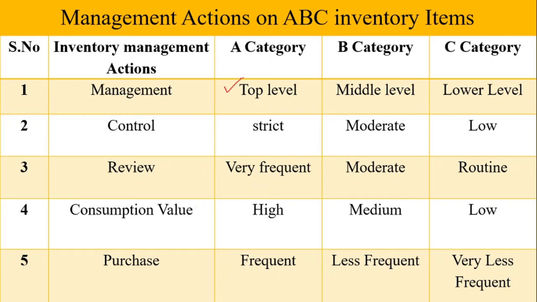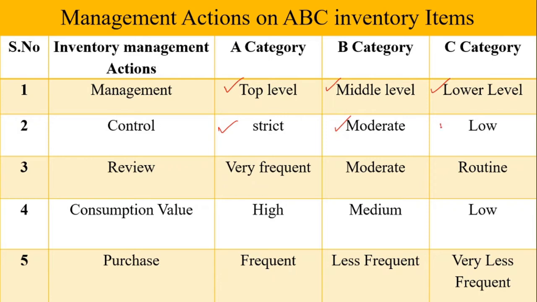Top level management is taking care of A category, middle level management is taking care of B category, and lower level management is taking care of C category. With respect to control, on A category material strict control takes place, whereas in case of B it is moderately strict.